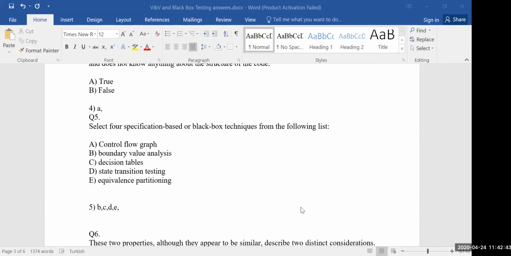And the others, boundary value analysis, decision tables, state transition testing, equivalence partitioning, are all specification based or black box techniques. Okay, these are from your slides also.